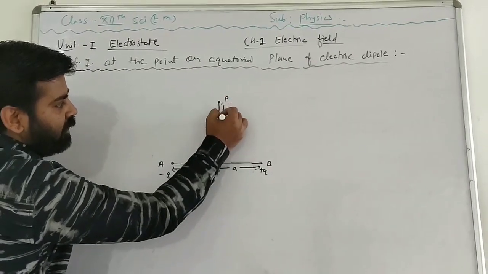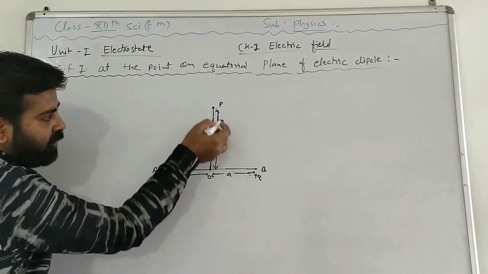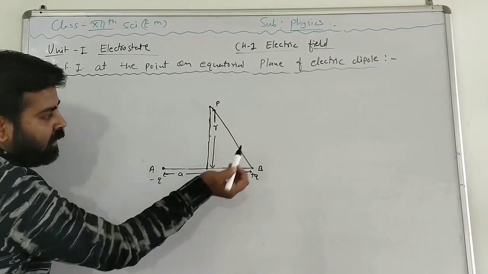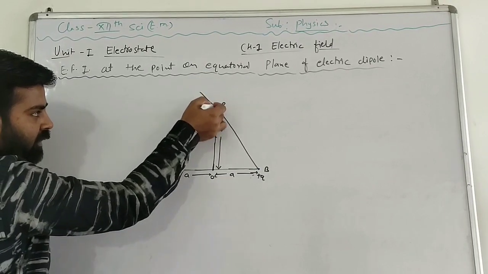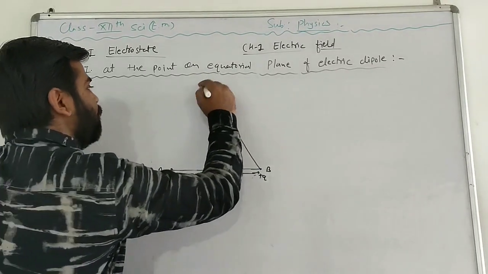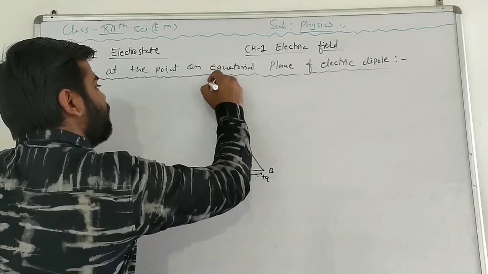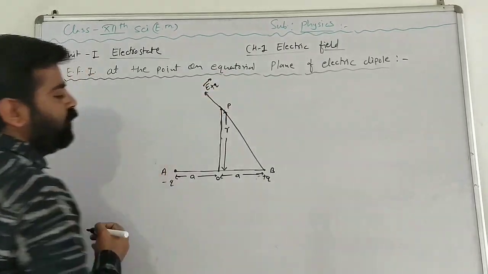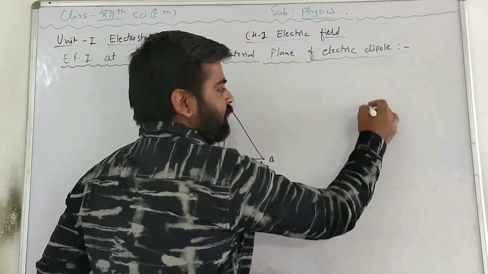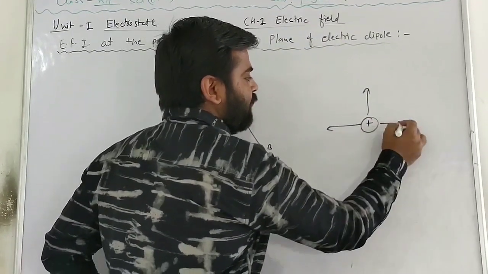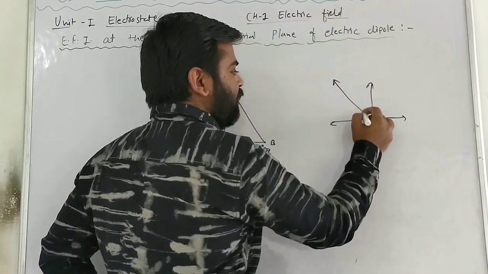So at point P, due to plus q charge, the electric field intensity direction is towards outside, drawn this way and represented by E plus Q vector.